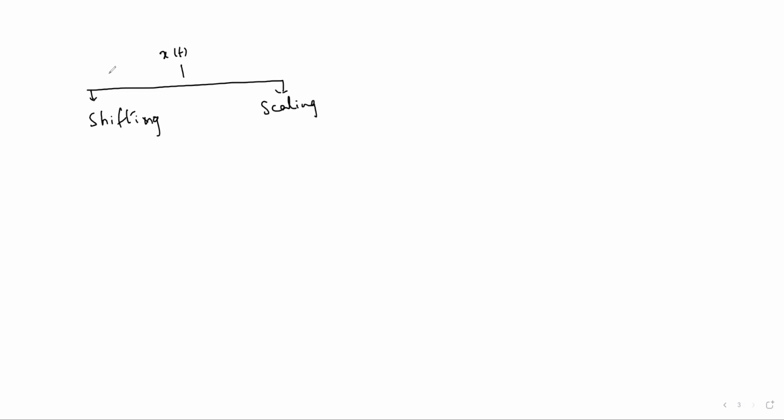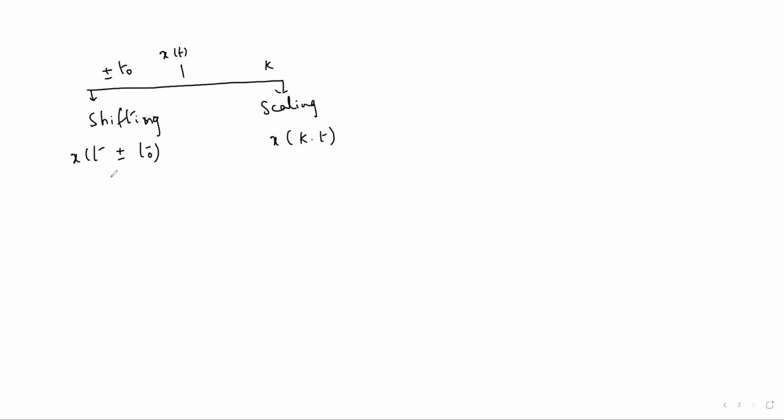If it is shifted by plus or minus t naught, we will write x of t plus or minus t naught. Whereas if it is scaled by a constant k, we will write x of kt.